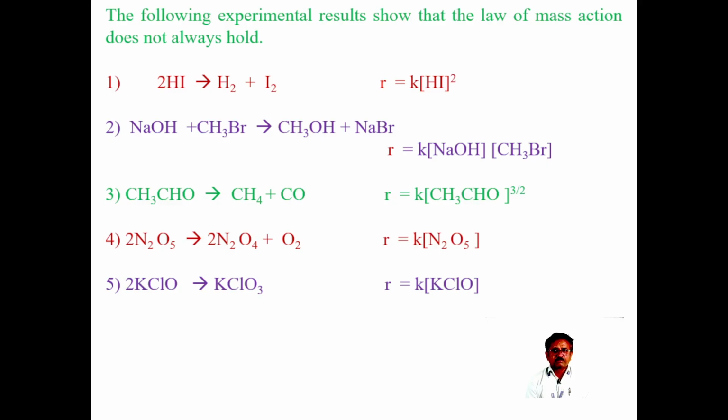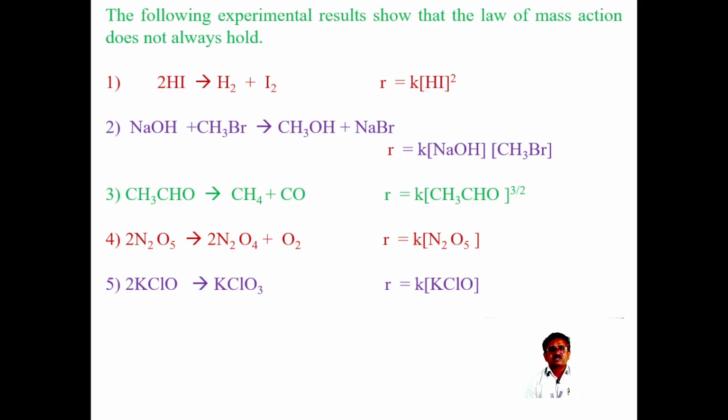The further examples also show the same: 2N2O5 gives 2N2O4 plus O2. As per the law of mass action, it should be R equals K [N2O5]^2, but here 2 is not the exponent because of the experimental conditions. It is only 1, that is, K [N2O5].